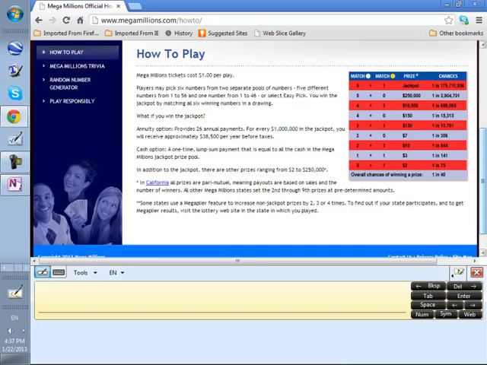So, players may pick 6 numbers from 2 separate pools of numbers. 5 different numbers from 1 to 56, and 1 number from 1 to 46. Let's forget what the easy pick is, or select easy pick, which is a pseudo-random number generator, but I suspect it's not very pseudo-random.